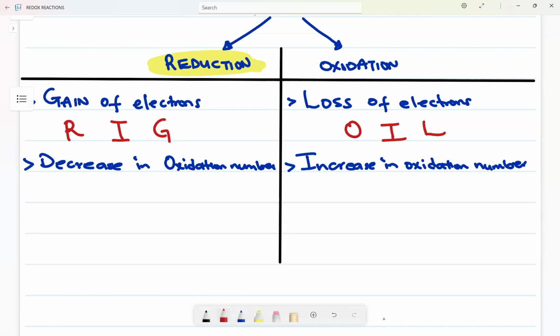Now we have what we refer to as oxidizing agent and reducing agent. First things first, let's talk about what an agent is. If you understand the word agent, everything will be beautiful.